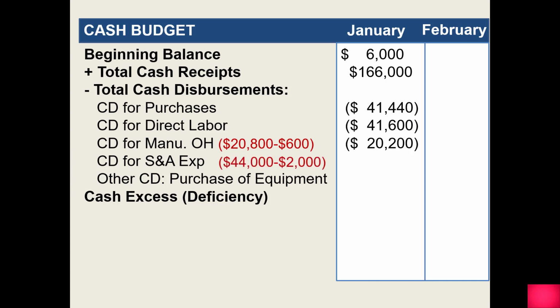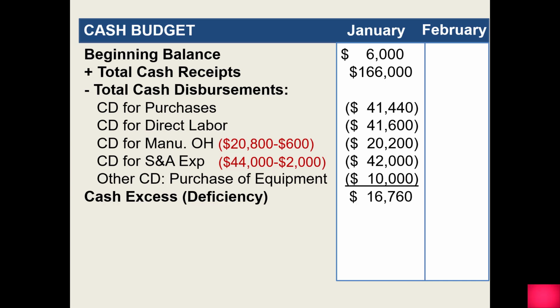The selling and administrative cost, you could find the total for January, which is the $42,000 of out-of-pocket costs and the depreciation together, or you can just simply put in the out-of-pocket $42,000 of expenses. The purchase of equipment is $10,000.